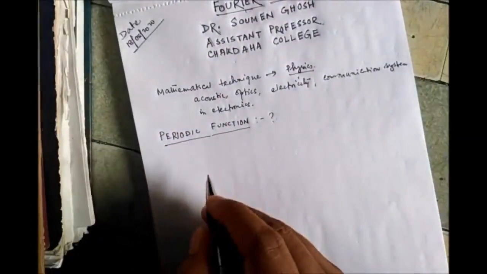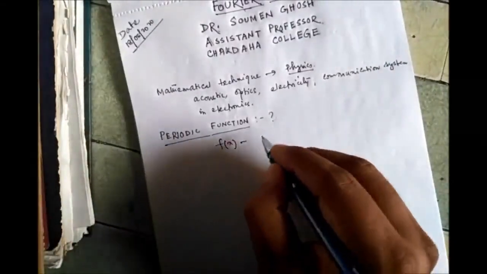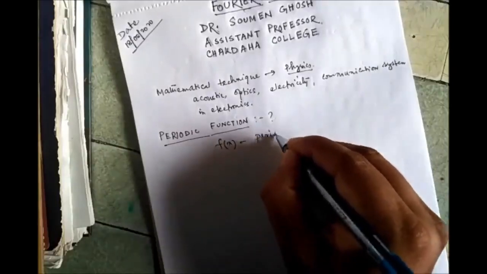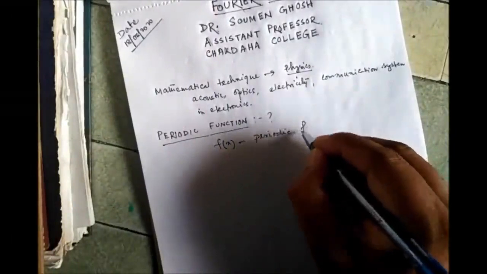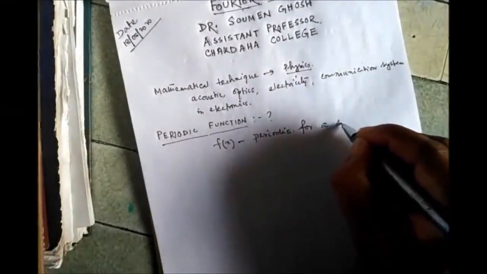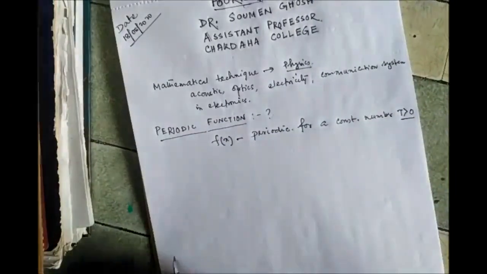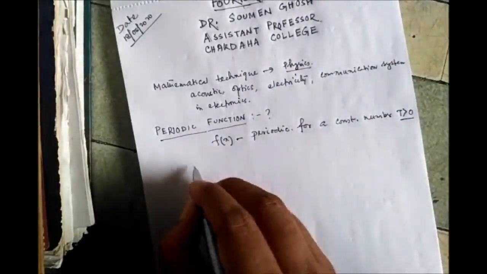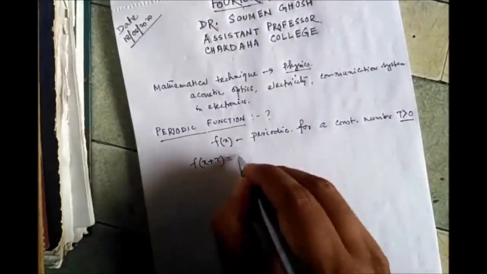Now, a function f(x) is said to be periodic for a constant number T, where this T must be greater than 0, if f(x + T) equals f(x).